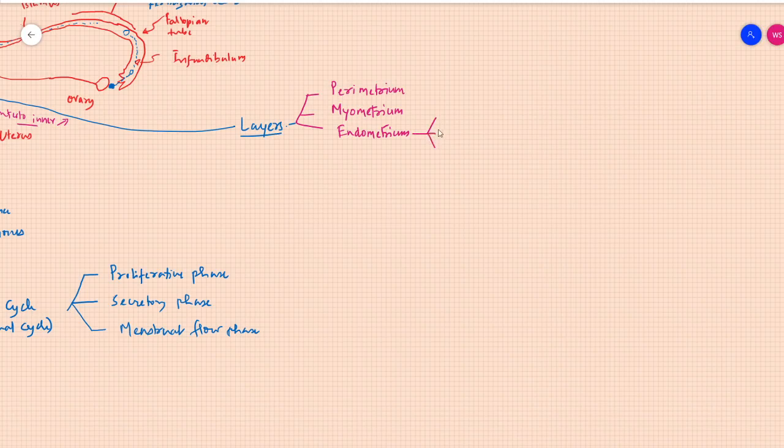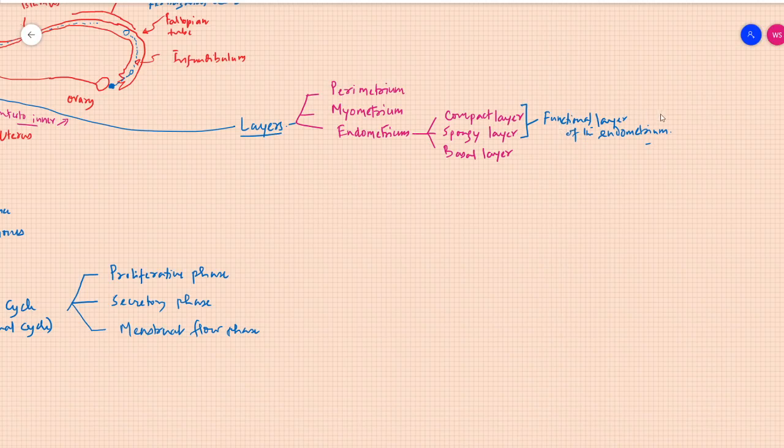This endometrium again has 3 layers: the compact layer, the spongy layer, and the basal layer. The compact layer and the spongy layer together are called the functional layer of the endometrium.